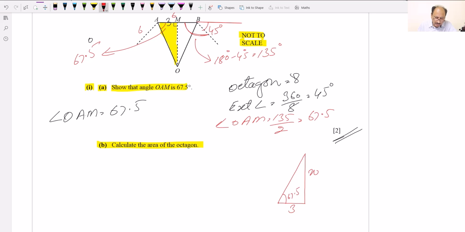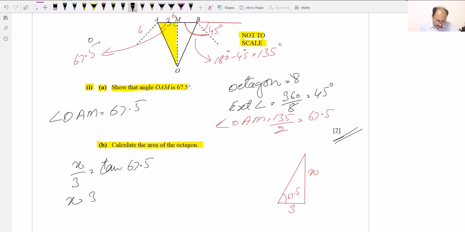So now we can find x. If I change color that will be better. x over 3 will be equal to opposite over adjacent, which is tan theta, so this will be equal to tan of 67.5.